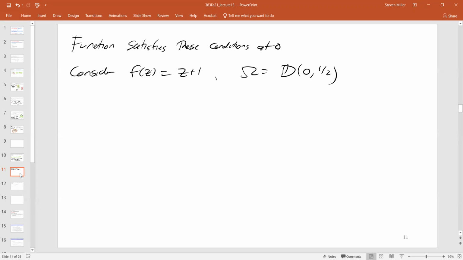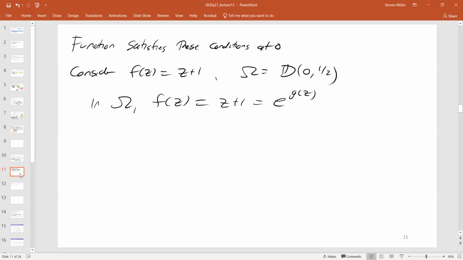So this function is not 0 in that disk. Right. So we should be able to write it. So yes, in omega, we do have f of z, which is z plus 1, can be written as e to the g of z for some g.